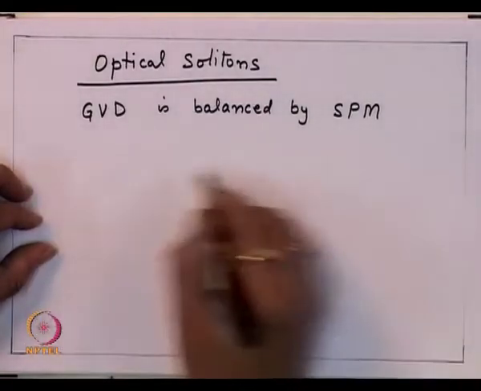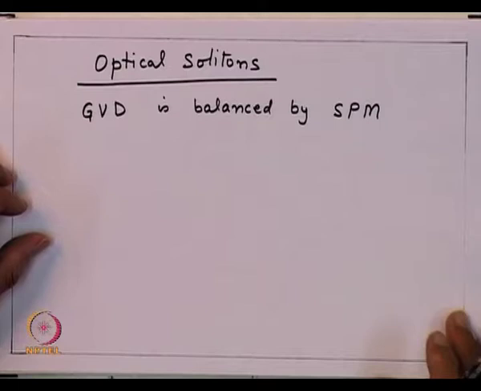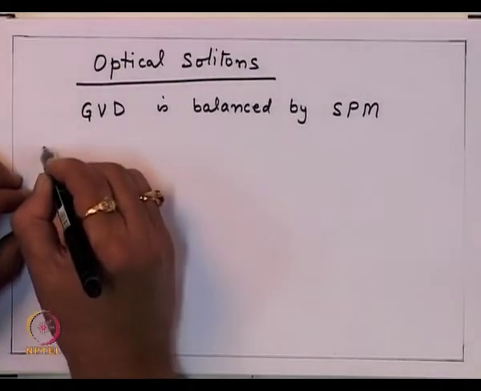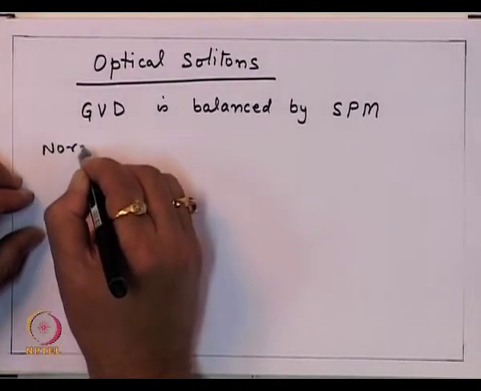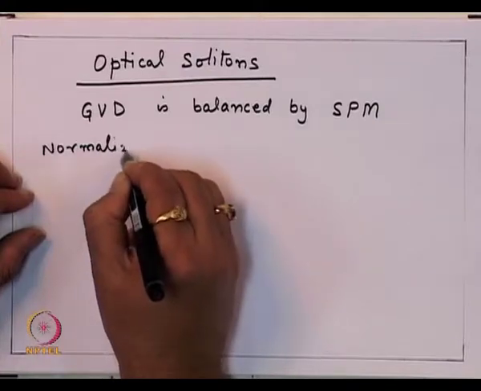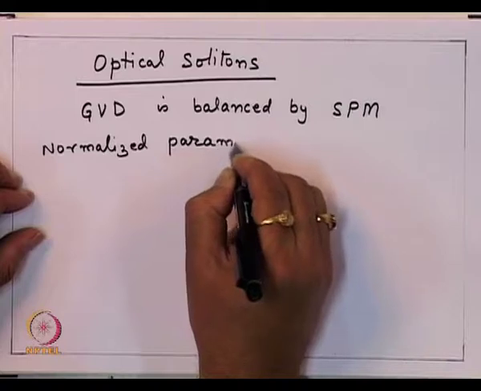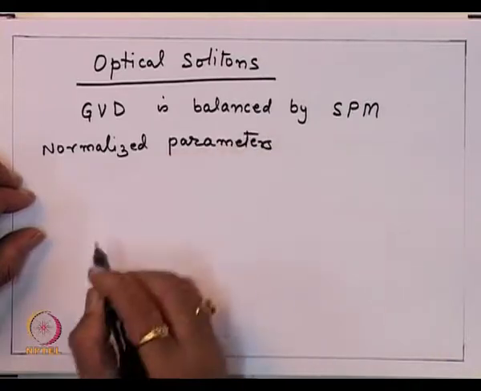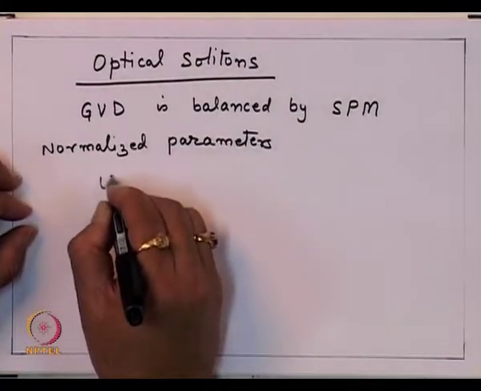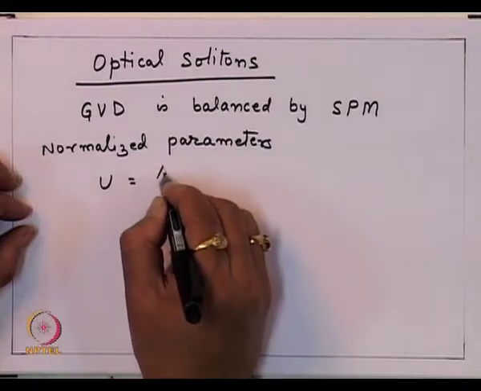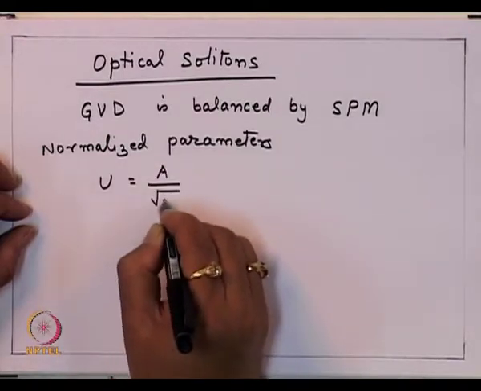So, let us define now certain normalized parameters as we have done earlier also. Let us say u is defined as A divided by square root P naught.